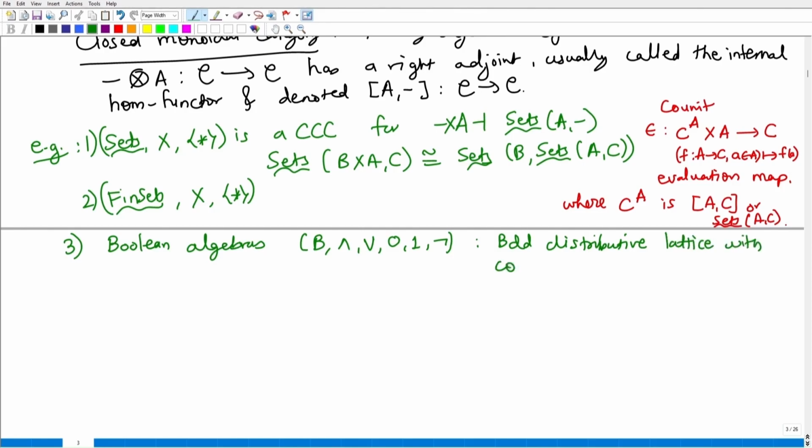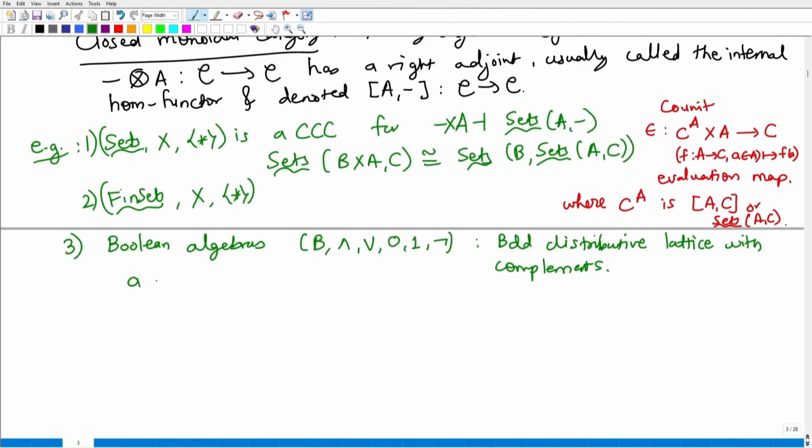A lattice with complements. So what does the complement do? Think about the power set of a fixed set. It automatically has complements. So basically we are saying A meet negation A is 0, and A join negation A is equal to 1. So negation A is the unique element which satisfies these two properties.